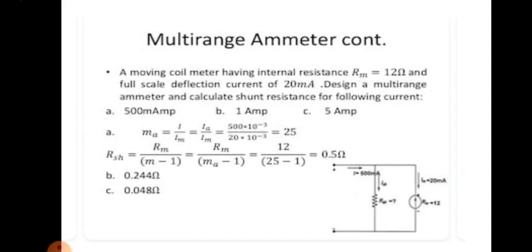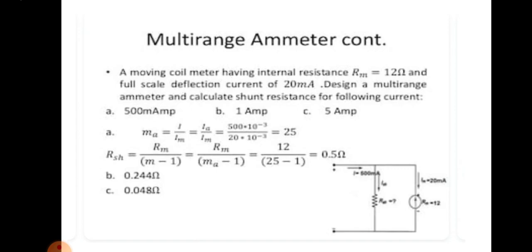So what we can do is, we know that MA equals I upon Im. So now we can put the values, that is 500 milliampere means 500 into 10 raised to the power minus 3, divided by meter current, that is 20 milliampere, so 20 into 10 raised to the power minus 3.